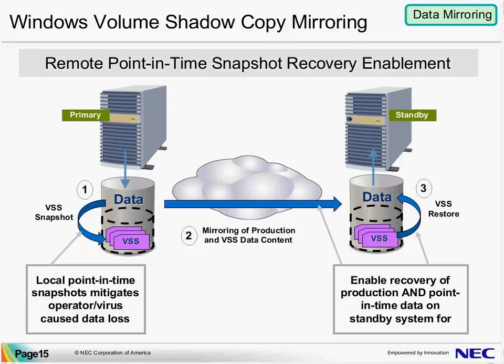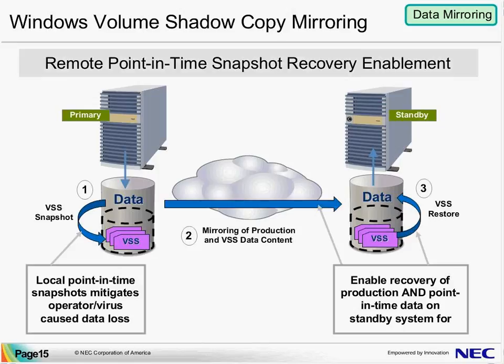That way, when there is a problem, basically any problem that either damages or destroys the primary data set, the standby data mirror would have both the latest production data that has been mirrored by ExpressCluster, as well as the snapshot data that has been stored by volume shadow copy.